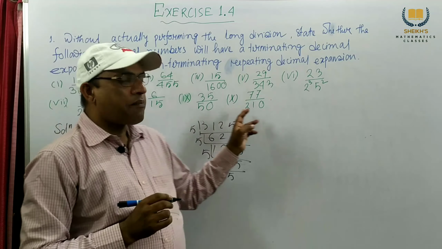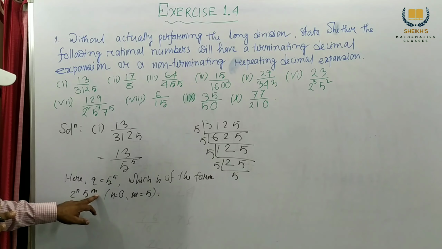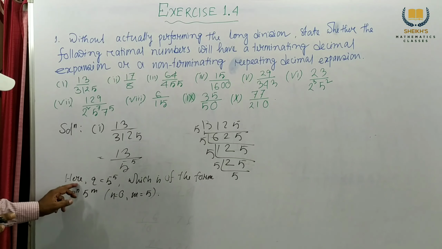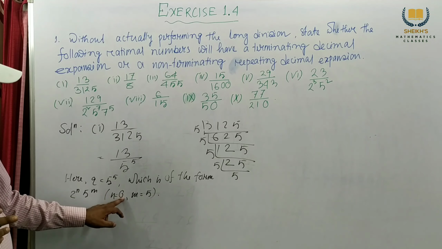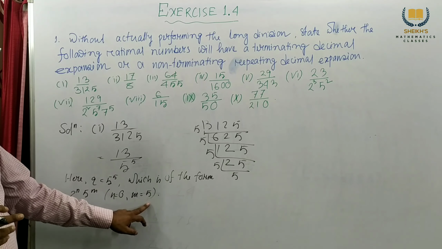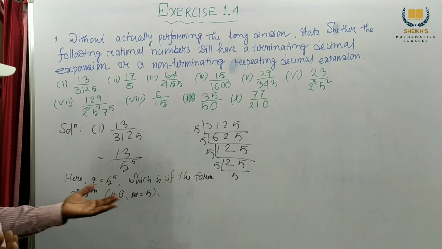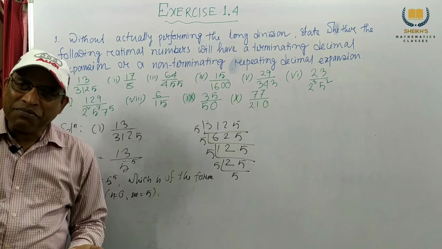Here q equals 5 to the power 5, which is of the form 2 to the power n, 5 to the power m. Here n means 0, 2 is absent, n is 0 and m is 5.